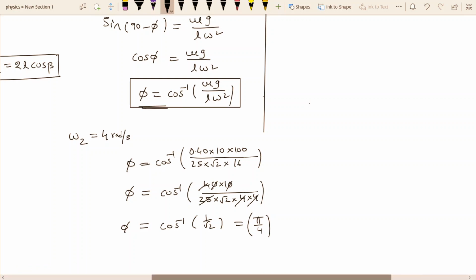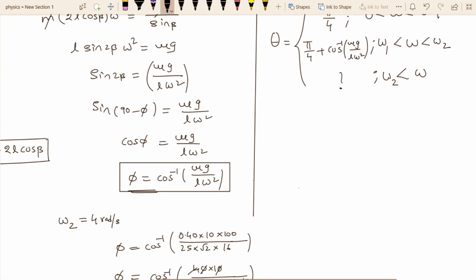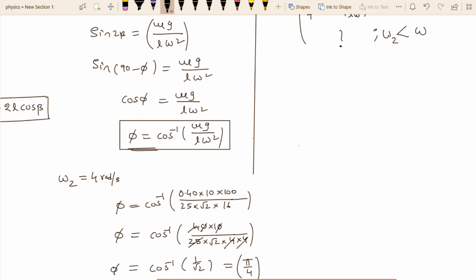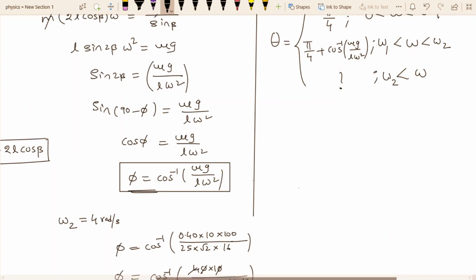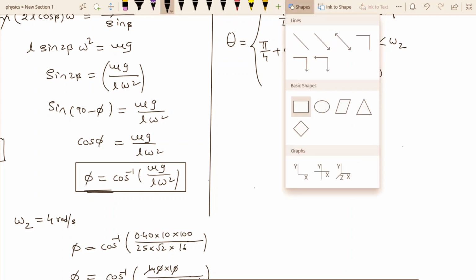When the angular speed of rotation of the platform gradually increases, and if it reaches omega 2, then at that instant disk A will make a 90 degree angle with the disk B. The thread of the disk A will make an angle of 90 degrees with the thread connecting the disk B and the nail. Okay, so this is the situation. At that instant we can clearly expect the situation will be like this.